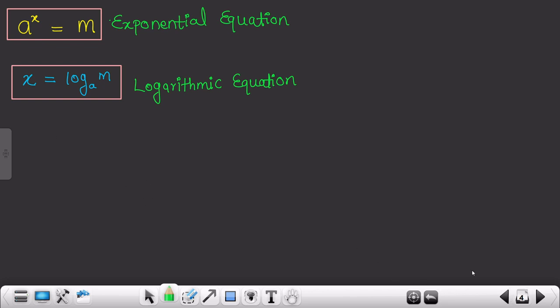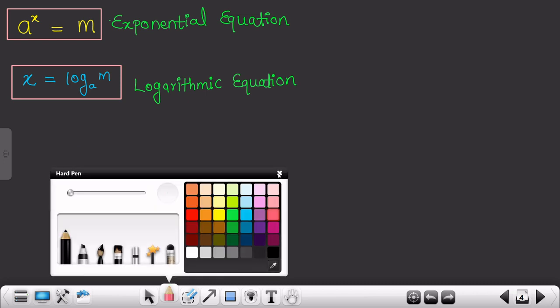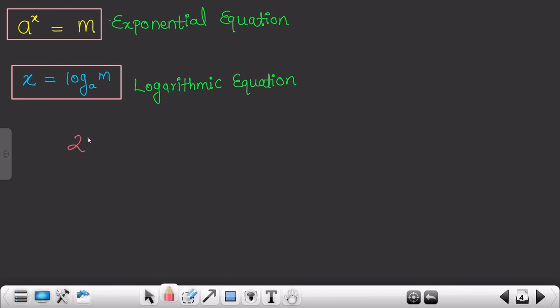So yes, now we will take a little more difficult one. Let me take a different color. Let's suppose we have one equation as 25 raised to half, and that is equal to 5. Now you would scratch your head that such a huge number it is and it looks a little tedious.